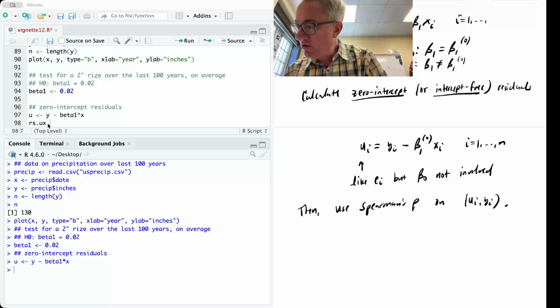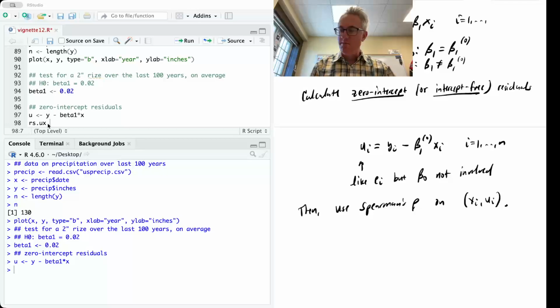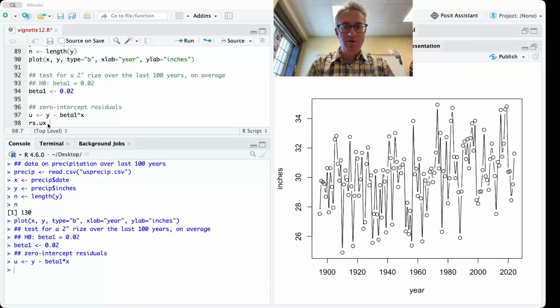So the correlation is not between u_i and y_i. We're looking for leftover relationship in x. So we're doing a correlation between the x_i's and the u_i's. So I have a mistake in my notes. So let me just do that correctly over here in the code.